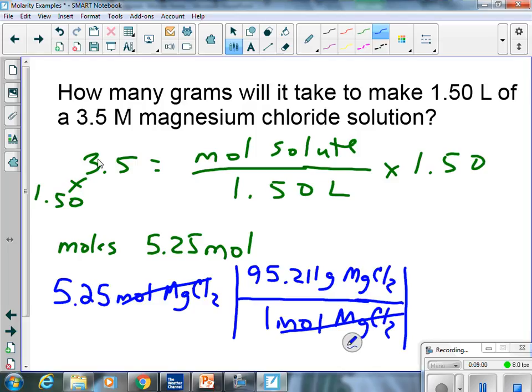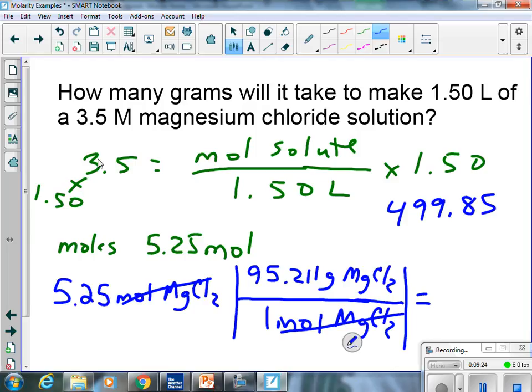And with 2 significant figures, well, this is going to be a good one. My value I get is 499.85775. How do I get that into 2 significant figures? Okay.